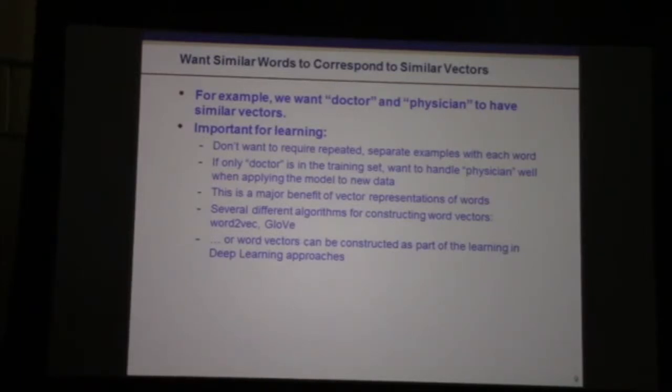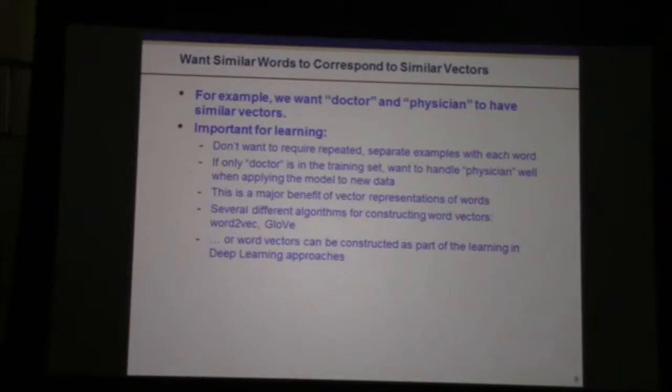But if the original vectors are formed so that the vector for doctor is similar to the vector for physician, then this unseen data will be handled the right way, because it would be as if doctor were there rather than physician, and we've seen a bunch of training examples that have doctor. So it's very important for modeling that similar words have similar vectors.